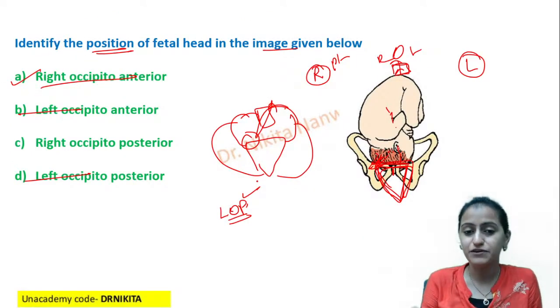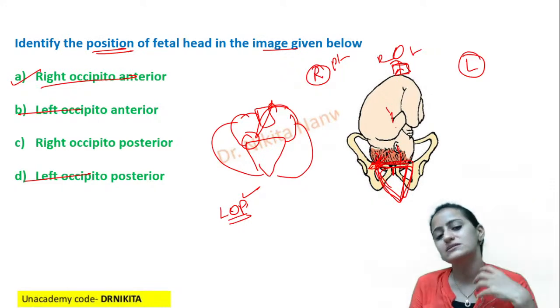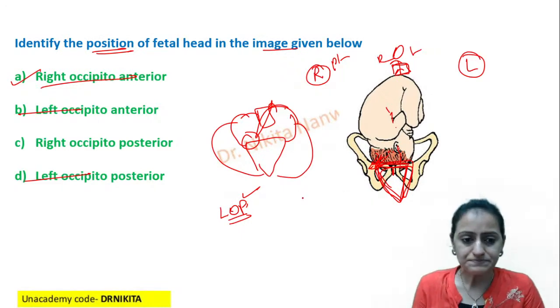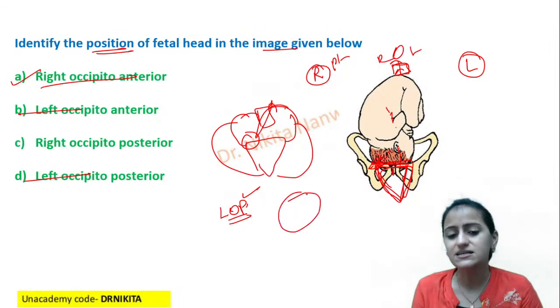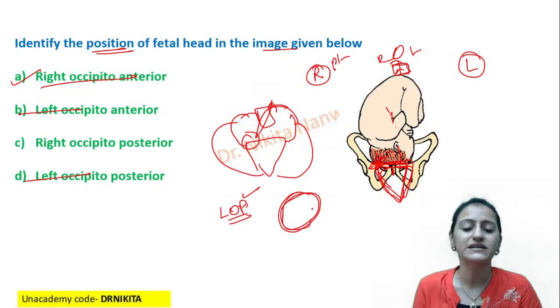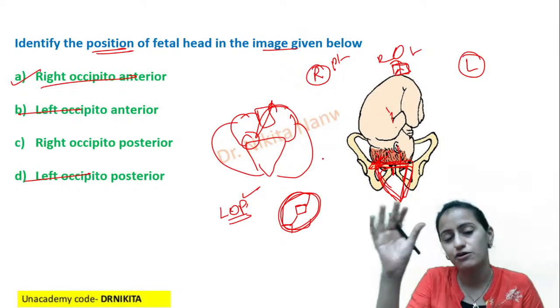Do not get confused. Look at the image कि आगे से image दिया है कि पीछे से image दिया है, right? They can also give you not the entire baby but just the fetal skull का image. In that case, you should be able to identify which is occiput and which is your frontal.